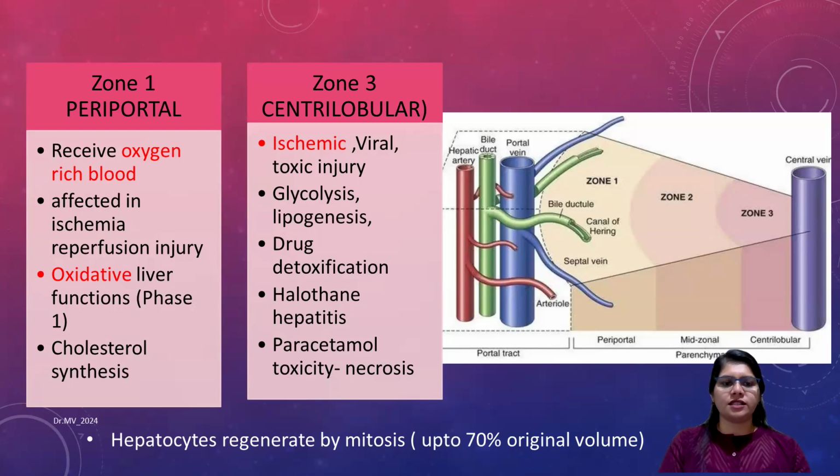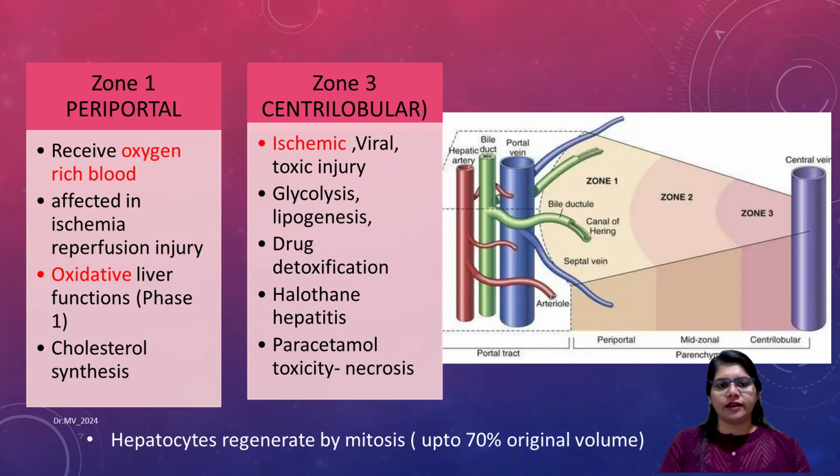Here the hepatocytes receive oxygen and nutrient-rich blood, but it is affected in ischemia reperfusion injury. All the oxidative liver functions like phase 1 reactions take place in zone 1, and cholesterol synthesis also happens there. Zone 2 is a little further away from zone 1, but it has better oxygenation compared to zone 3. So it's called the mid zone.